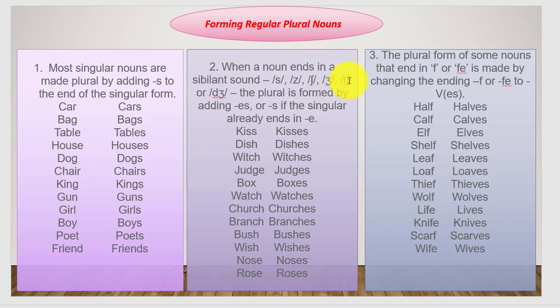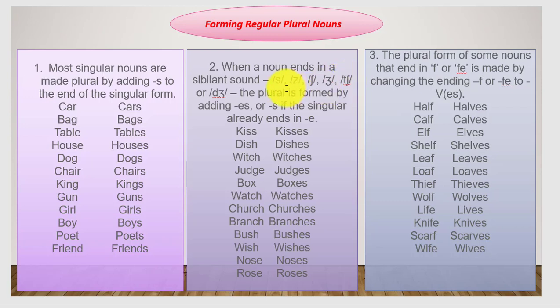And this is the ch sound, which is represented by these phonetic symbols, as you can hear in watch, branch.